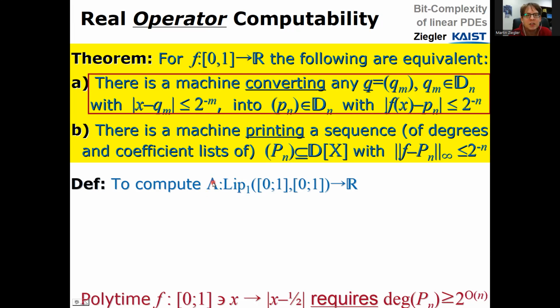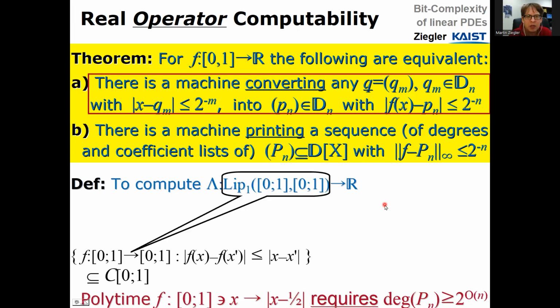So let's call such a functional lambda, and the input should be some function from a certain function space. And for reasons that I'm going to explain in a minute, we're going to consider the space of all one-Lipschitz, that is non-expansive, total functions from the real unit interval to the real unit interval. Here you see the definition: the set of all functions from the real unit interval to the real unit interval that are one-Lipschitz. In other words, they are not expansive.